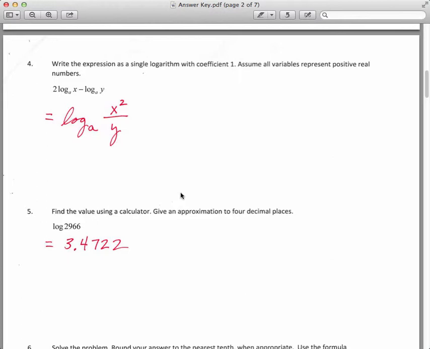Put in your number, 2,966, close the parentheses, and then press equals. Some calculators, if they are an older calculator, you would put in the 2,966 first and then press the log button. On that type of calculator, you don't usually need to press the equals sign.